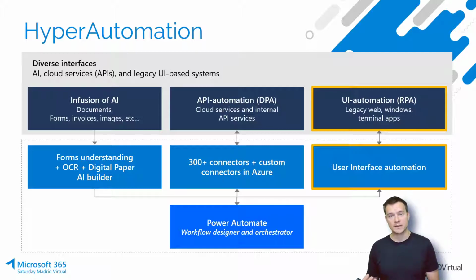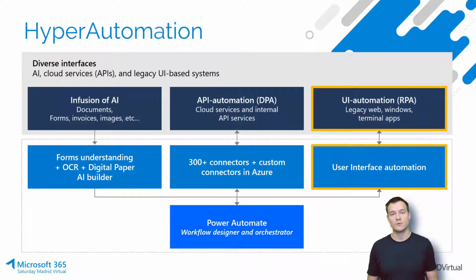And for those old legacy applications that do not have any kind of interface apart from the UI, the user interface that we see when turning on our computers and opening an application, we now also have UI automation, the RPA, robotic process automation, which helps us include those old applications into our workflows.